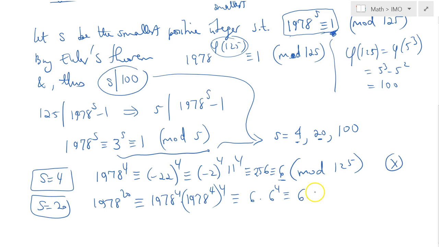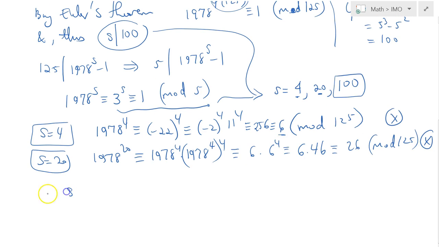I believe one would get 46, and 6 times 46 in mod 125 would simply be equal to 26 and not 1. So therefore we are left with only one option, s is equal to 100.